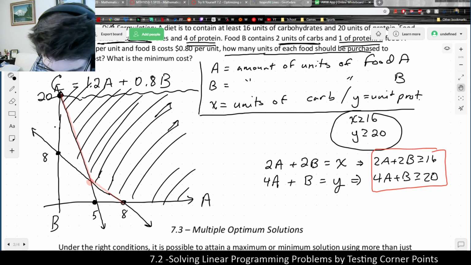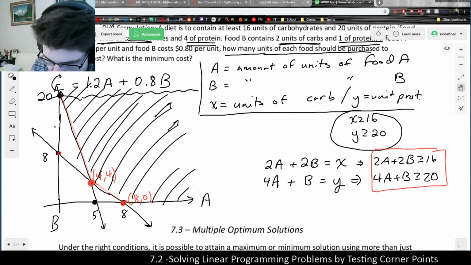I don't know what, but this point right here is going to be 4, 4. And this point right here will be 8, 0, as previously found. And this one, oops, not that one. Don't care about that one. Care about this one, which is 0, 20.